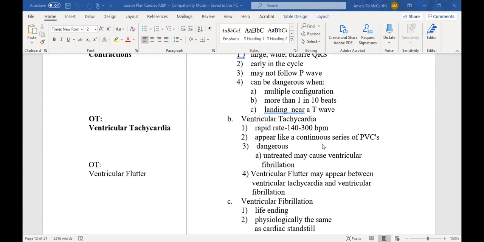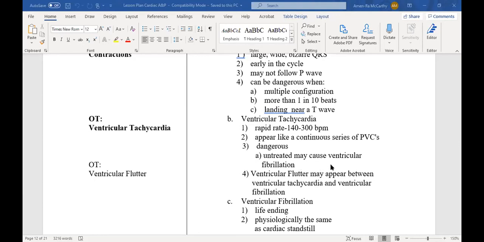If you have 3 large boxes in between the R waves, then that's 300 divided by 3, right? But if they're telling you that the heart rate is 300, then that must mean that the R waves are landing on each large box. There's just one large box in between them, right? Because each large box is 300. So it can be up to 300, or it could be about 140, all right?